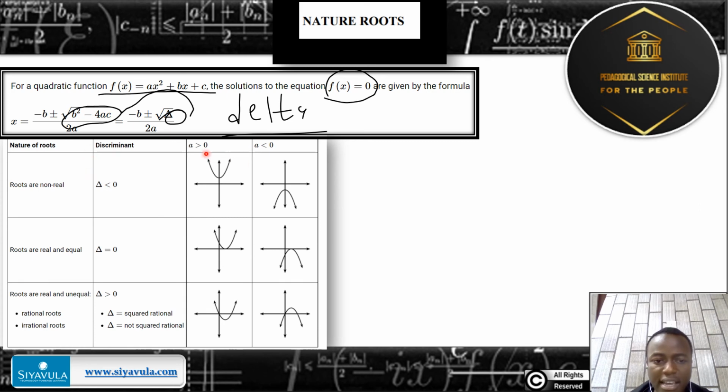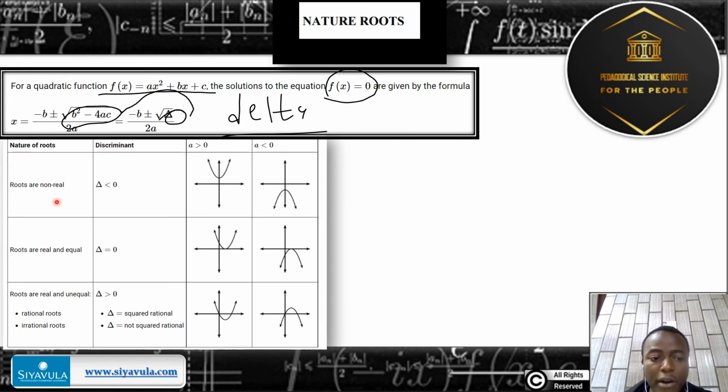Look at this example, the graph they drew for you. This is your quadratic graph. Does this quadratic graph have an x-intercept? No, there's no x-intercept here. There's only a y-intercept, no x-intercept. Then we say the roots are non-real. They don't exist.